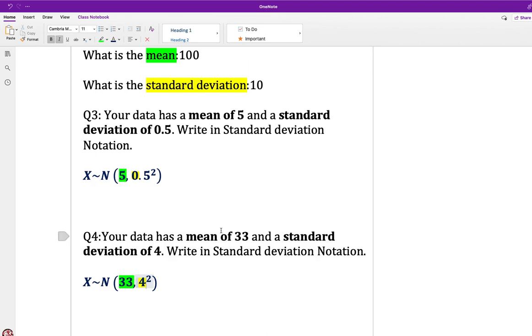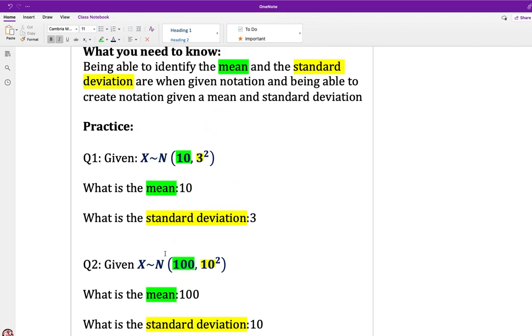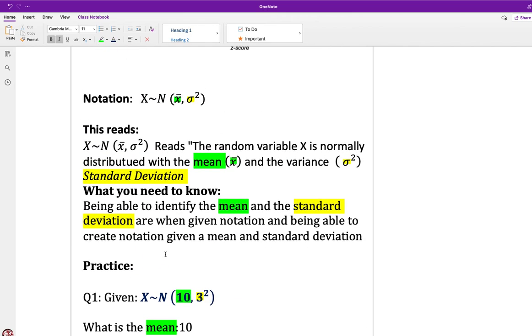I write the standard deviation first, and then the mean, and make sure you know how to space that out. That'd be a wonderful test question, actually. That's normal distribution notation, and how to find the mean and standard deviation out of it.